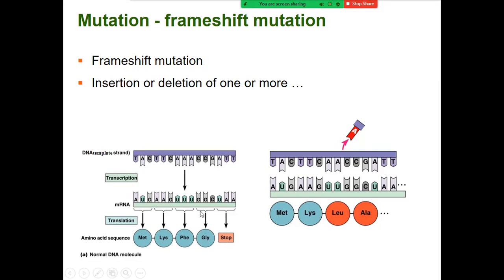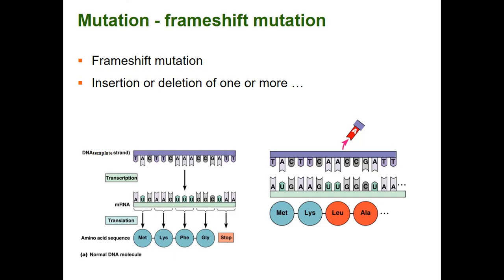And so all of the protein after the frame shift will differ. Any question about that? So if you only remove one base or add one base in the frame shift, all codons after that will differ. Any question about that?